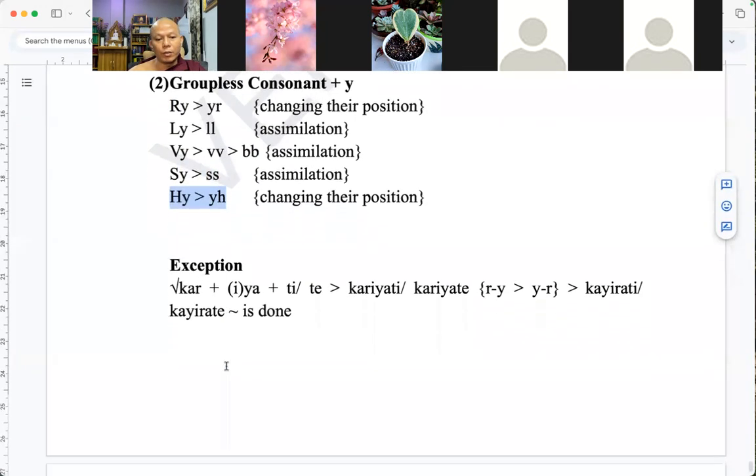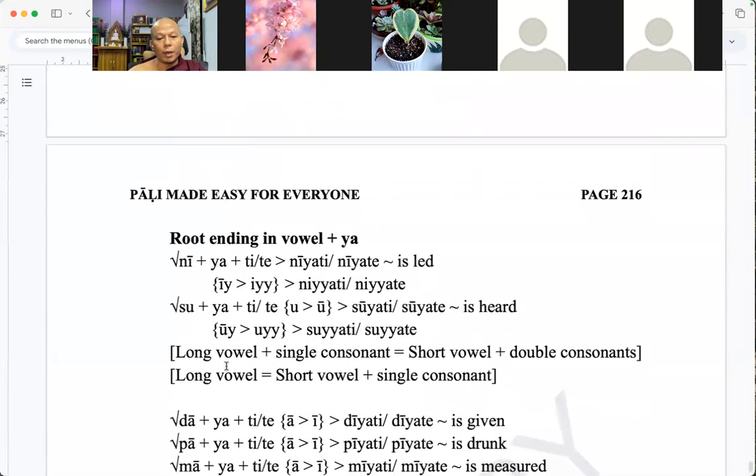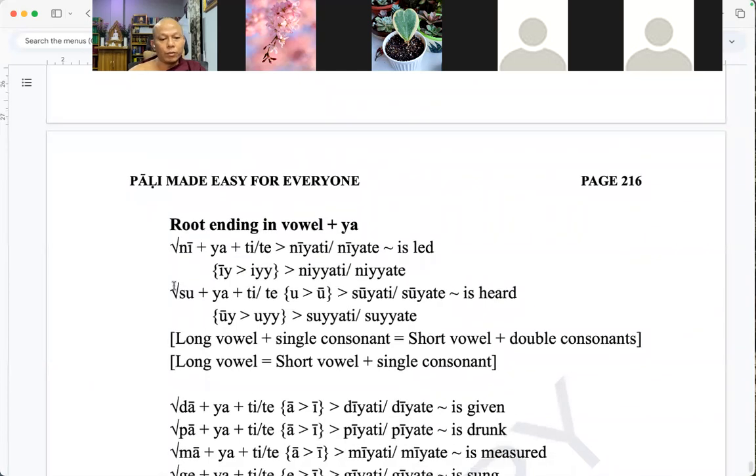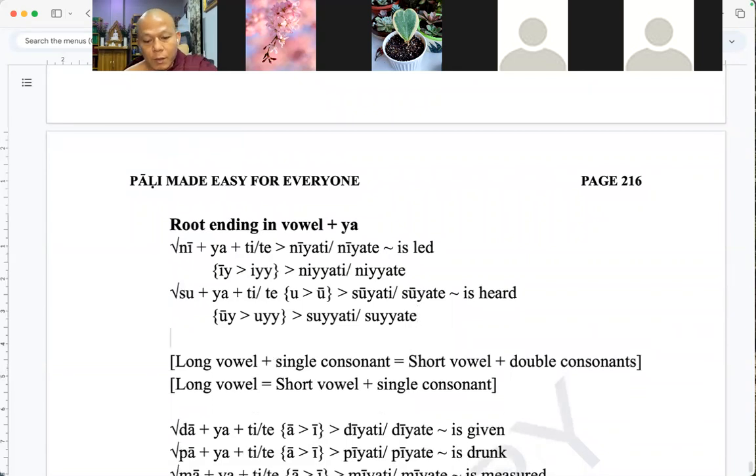And then some roots are ending in a consonant vowel, like root ni, root su, and root bu. Okay, root bu we also have, sometimes in passive form, with anu prefix and root bu.